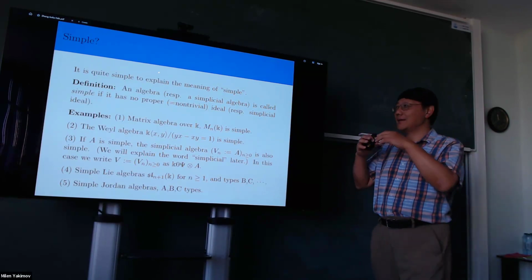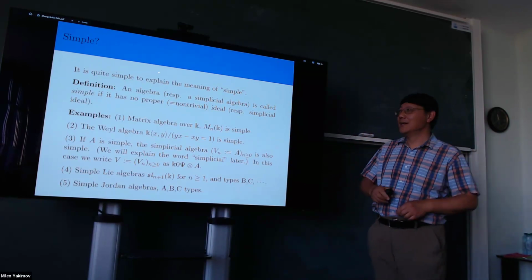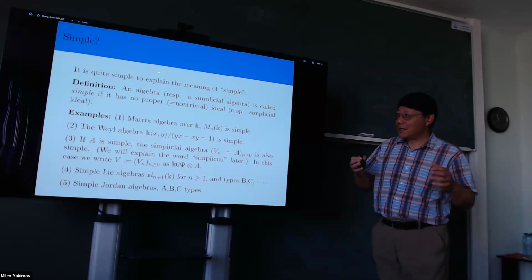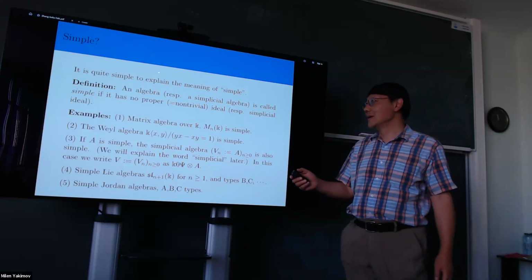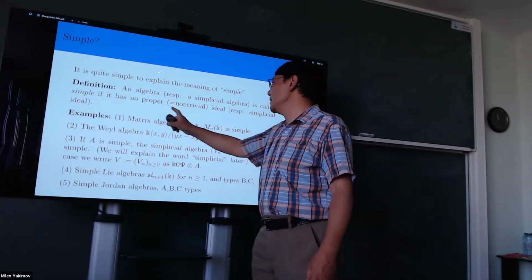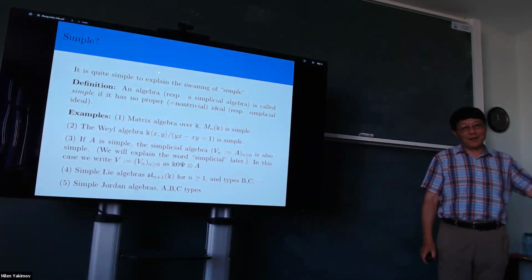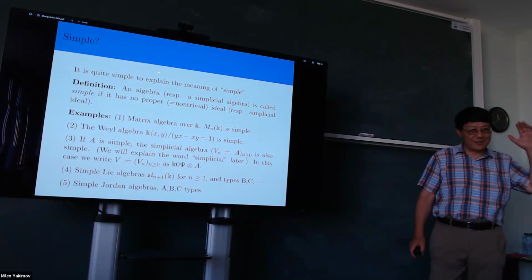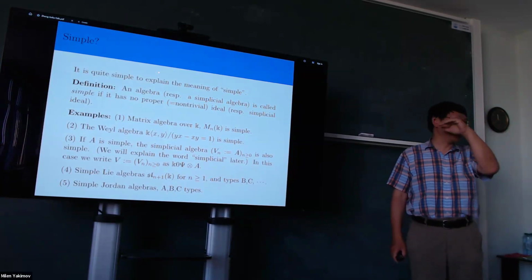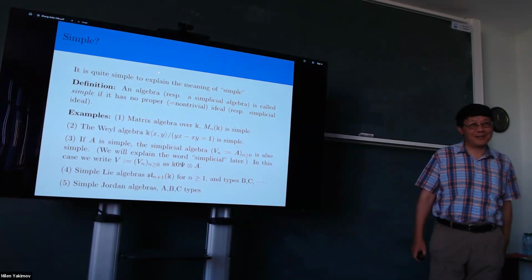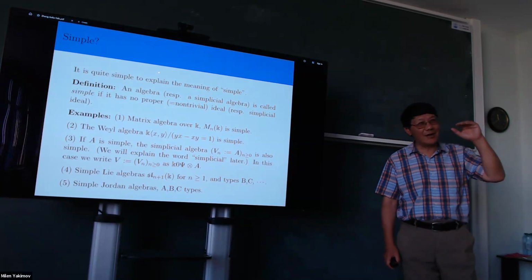This definition of simple applies to all algebras in my talk. An algebra or simplicial algebra is called simple if there is no proper ideal. Or, if you have any morphism from V to W, then the morphism must be injective because there's no proper ideal.